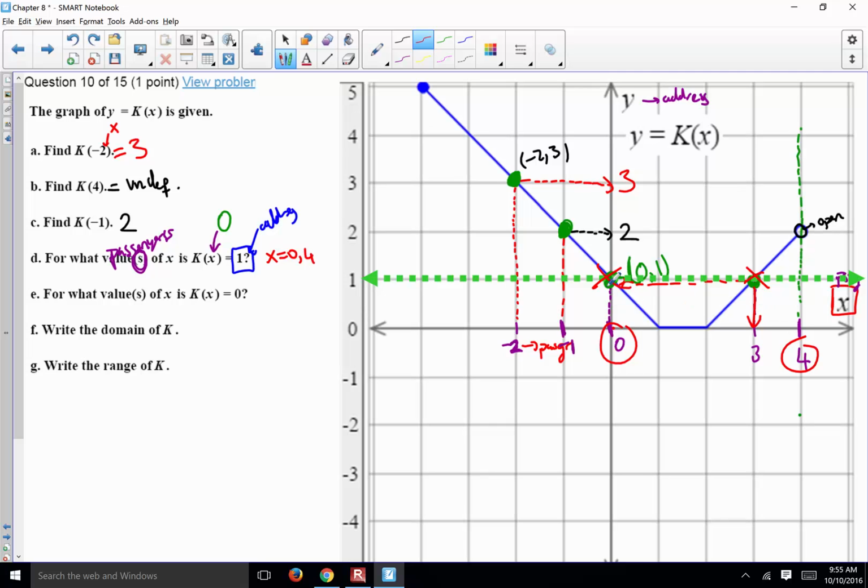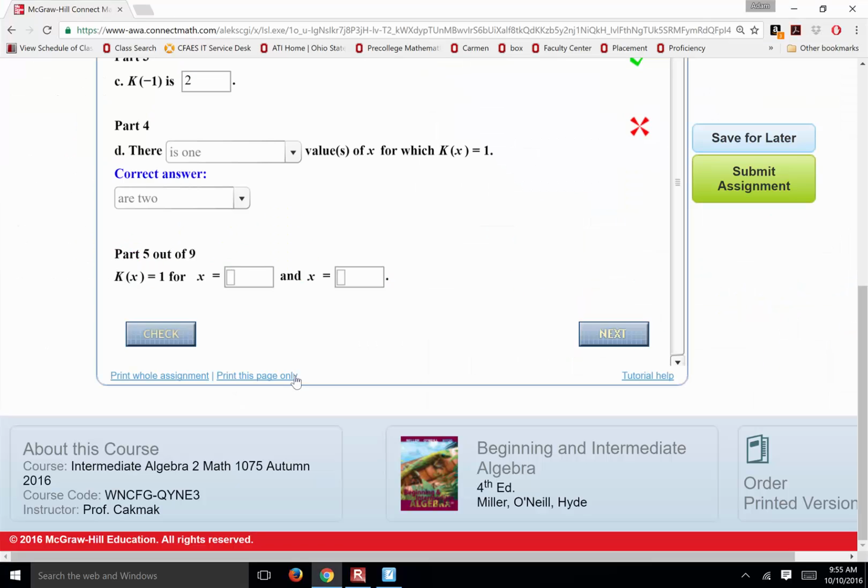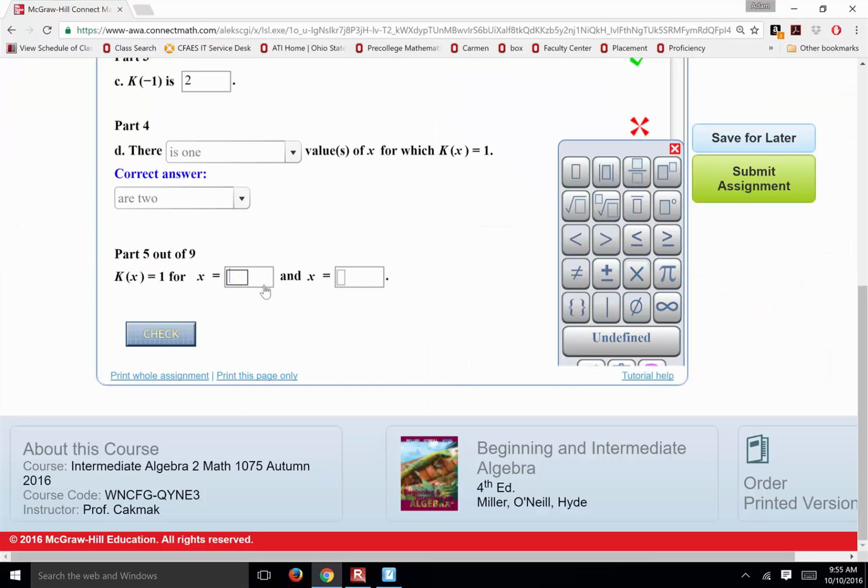That means there are two separate x values, passengers going to the same level. Then read those values, 0 and 3. Let's mark them. 0 and 3 are the guys going to that address.